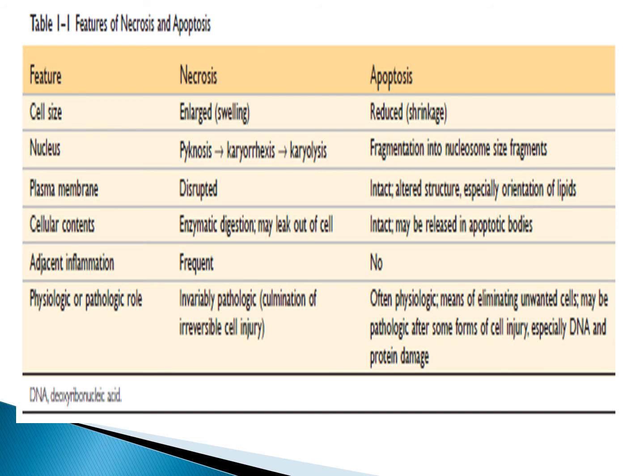But let's review the main features of necrosis. In necrosis, the cell size is increased due to swelling of the cells. The nucleus will undergo changes from pyknosis to karyorrhexis and to karyolysis. The plasma membranes, as I said, are disrupted and discontinuous. The enzymes will leak out, and the lysosomal enzymes also will leak out, leading to enzymatic digestion of the cell.